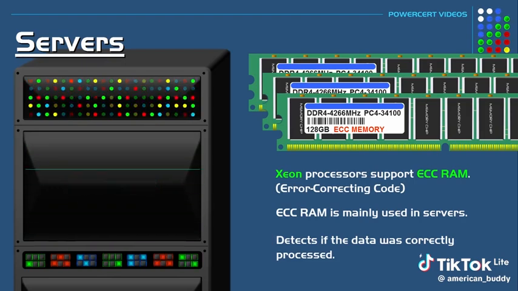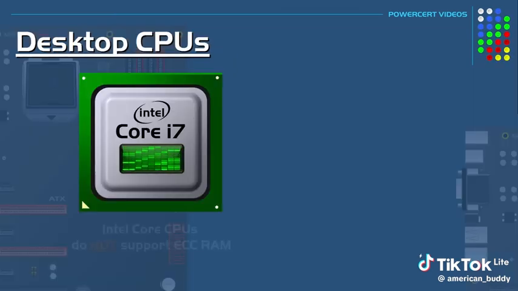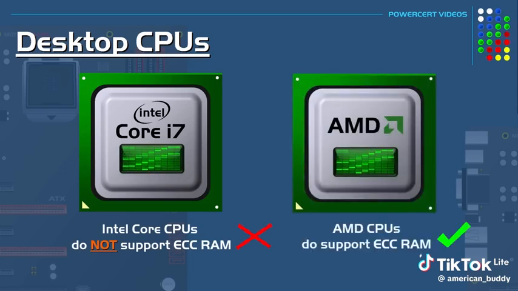So using ECC memory in servers is just an extra precaution to guard against any errors to prevent a server from shutting down. Intel Core processors do not support ECC RAM. However, AMD processors do support it.